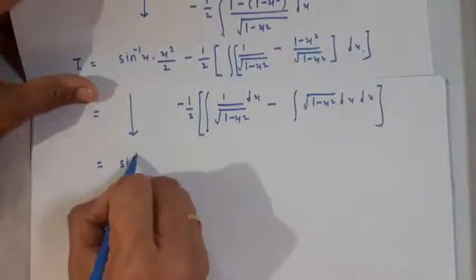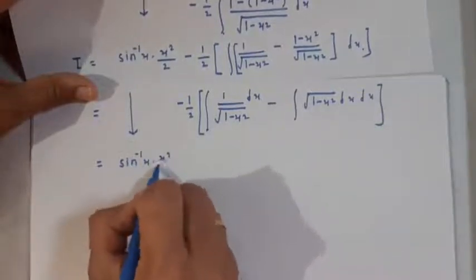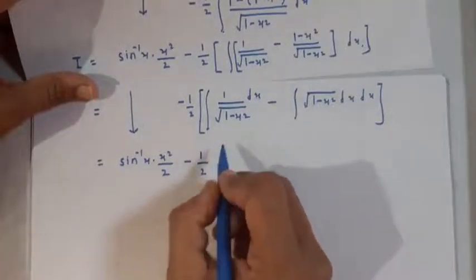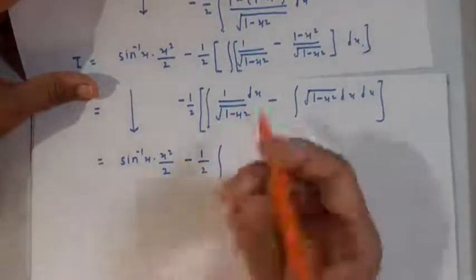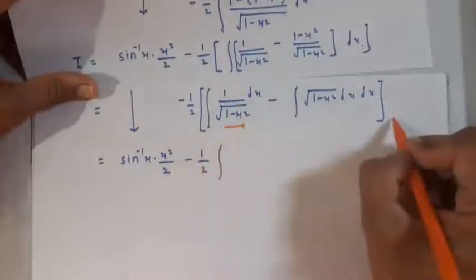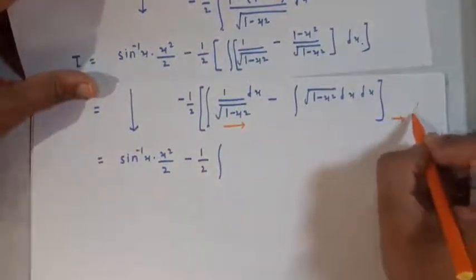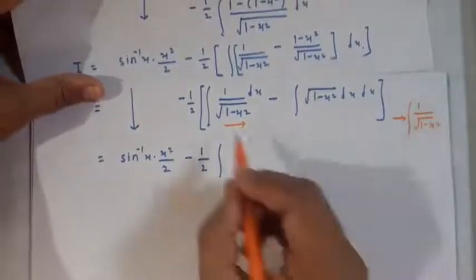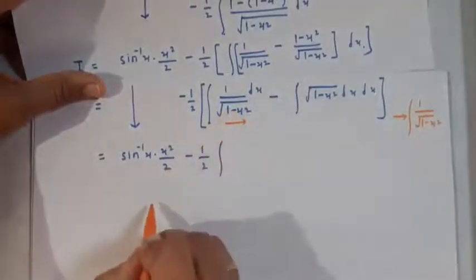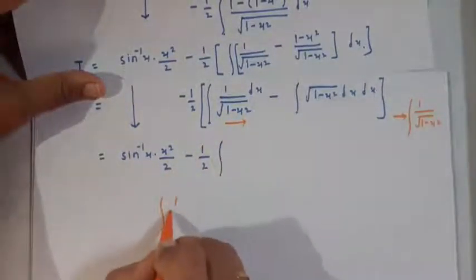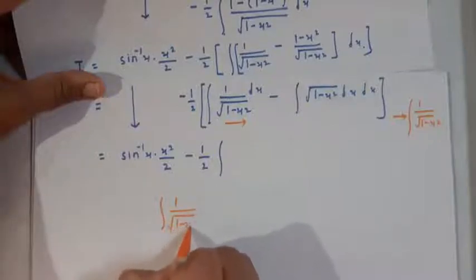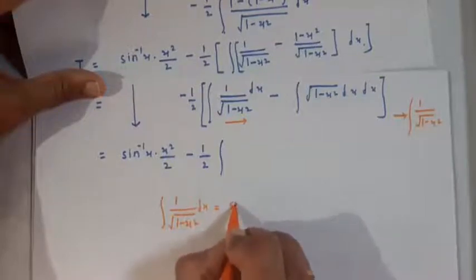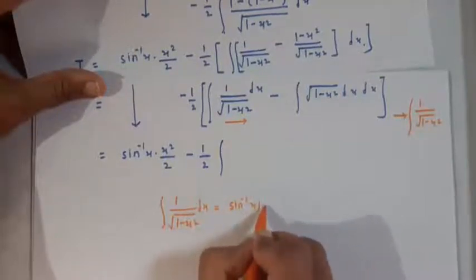Now the first term is sine inverse of x into x square by 2 minus 1 by 2. Students, you know this is the integration of the form 1 upon square root of 1 minus x square, and its integration is, directly by formula, sine inverse of x by a.